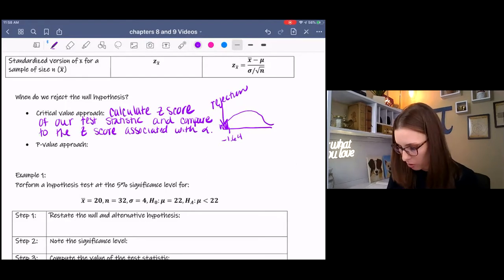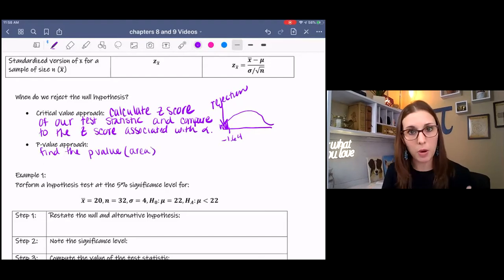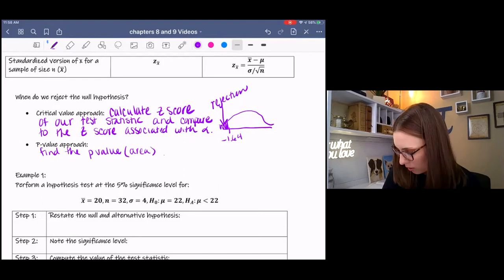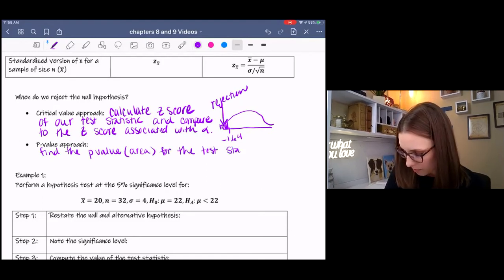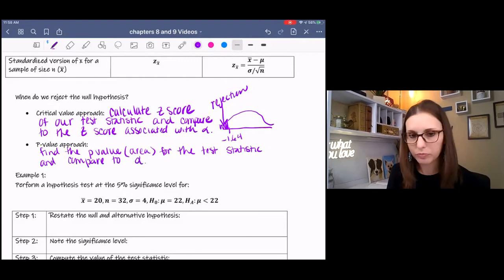So you find the p-value, or the area. P-value is a probability, and probability is a percentage, which is an area, for the test statistic, and compare it to alpha.